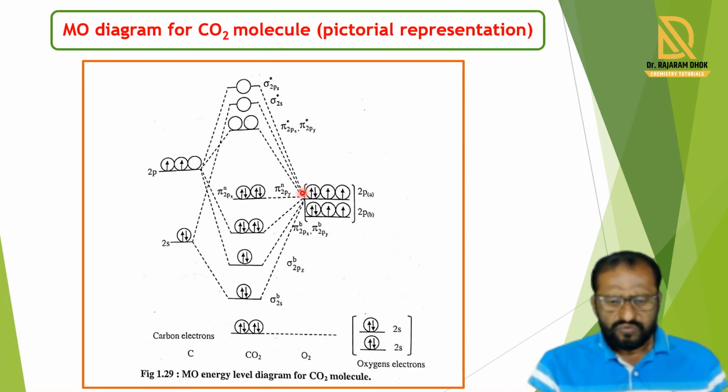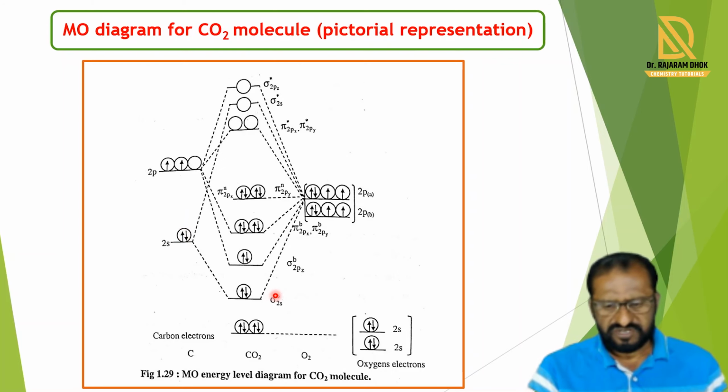Now, we can fill the electrons in the molecular orbitals. So, if we see the carbon, then in carbon 4 electrons are present. In oxygen, there are 2 electrons in every 2s atomic orbital, and these remain as non-bonding. Now in the 2p atomic orbital of oxygen, every oxygen contains 4 electrons.